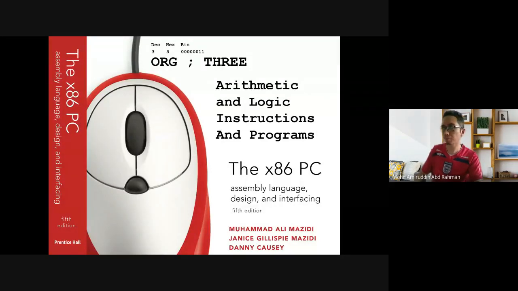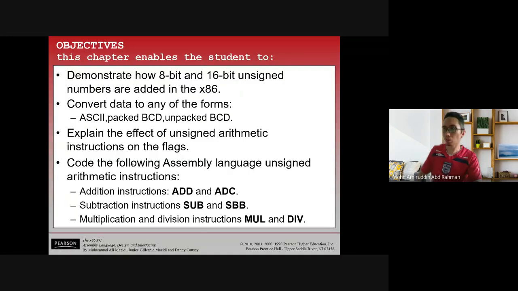Okay, so basically, this is the new chapter. We're going to look into the unsigned numbers, as I just said. Also, we're going to look into conversion of data to any of the forms, and explain the unsigned arithmetic instructions and the flags.